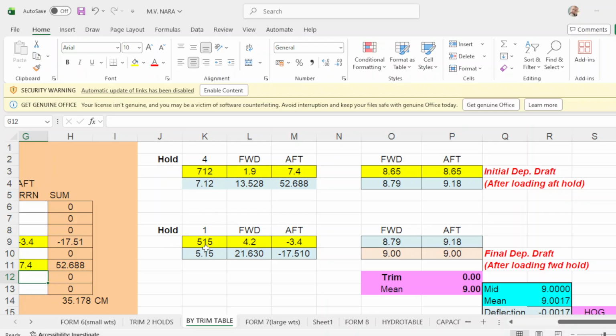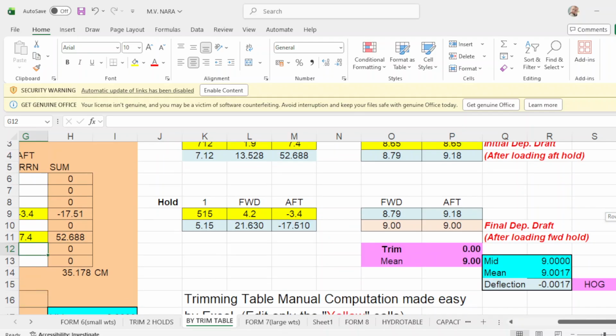So you load 515. After completed loading 515, your final drop forward will be 9 meters, and up drop will be 9 meters, and your trim will be 0, and your mean will be 9 meters, and your deflection is 0.